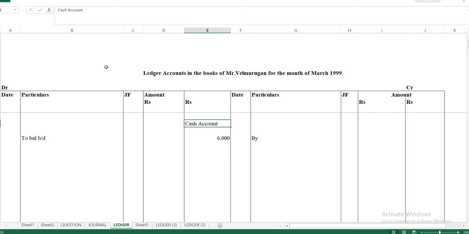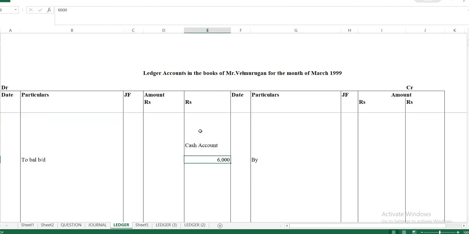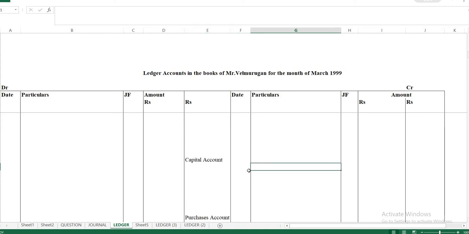If only cash is brought into the business, you will prepare the cash account and write 'to capital' in it. Whereas in the case of the cash account, if along with that some assets have been brought into the business, you will write 'to balance brought down'. And in the capital account you will mention only 'by cash account'.